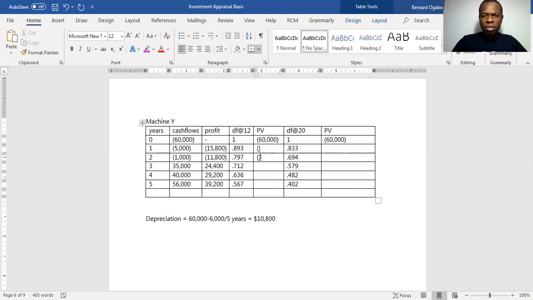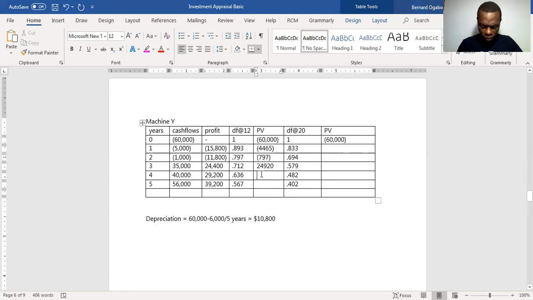This is going to give me 4,465 negative, 797 negative. 35,000 multiplied by 0.712 is 24,920.